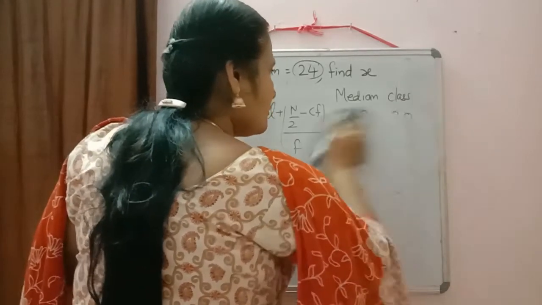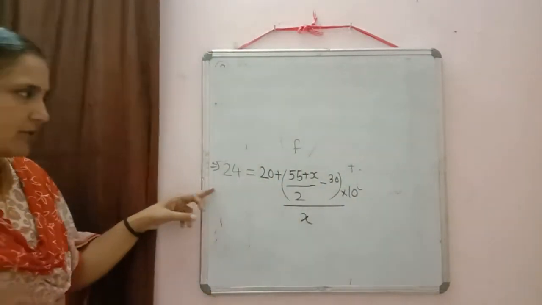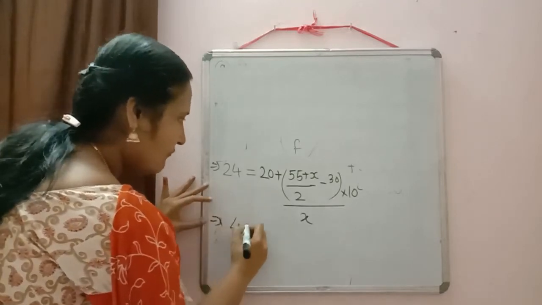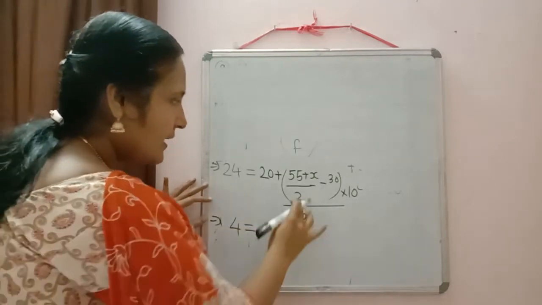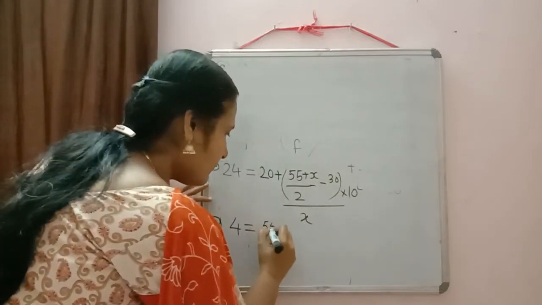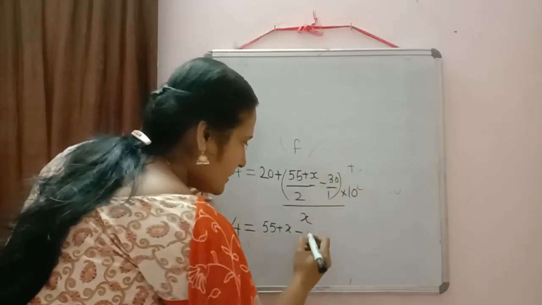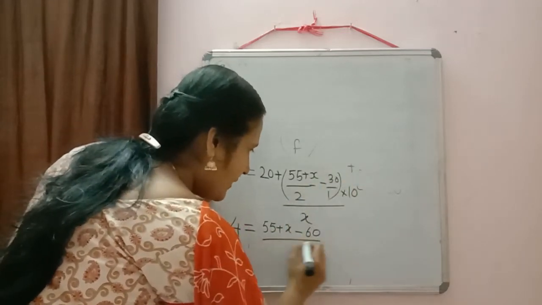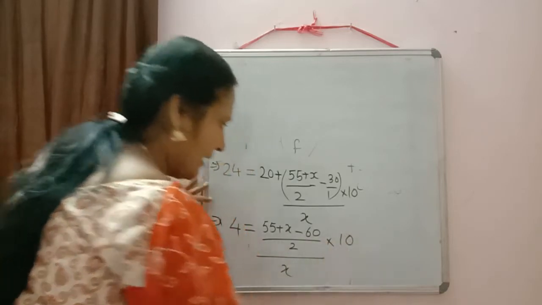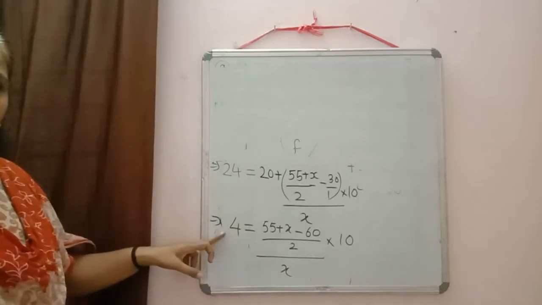Now what you should do, first shift 20 to left hand side. So here it will be 24 minus 20 is equal to, here we can do the cross multiplication. So it will be equal to 55 plus x minus 30 into 2, 60 by 2 whole divided by x into 10. So in next step what we can do, we can shift this x to left hand side.